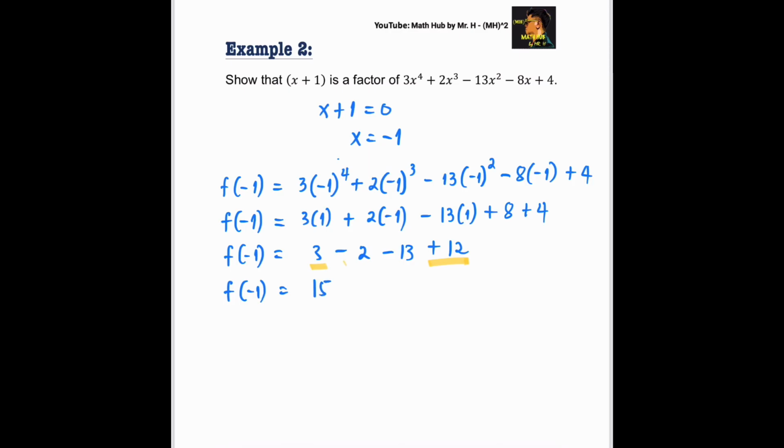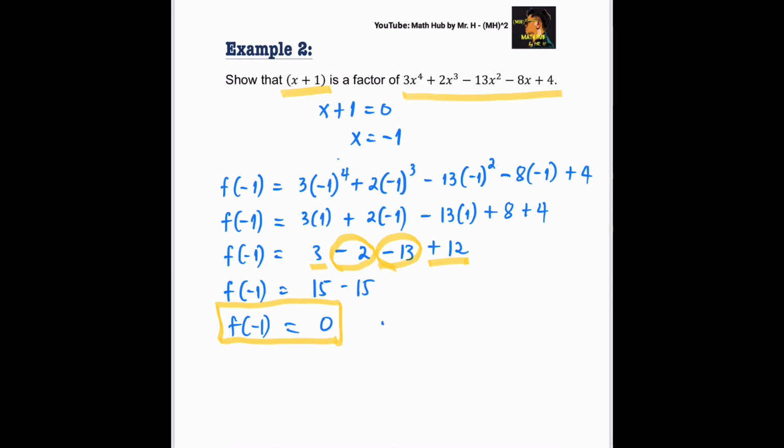And we have here two negatives, negative 2 and negative 13, we put together. That's negative 15. You can see that f of negative 1, 15 minus 15, is 0. And by using the remainder theorem, we were able to verify that x plus 1 is a factor of the dividend.